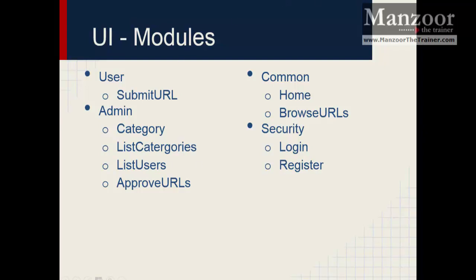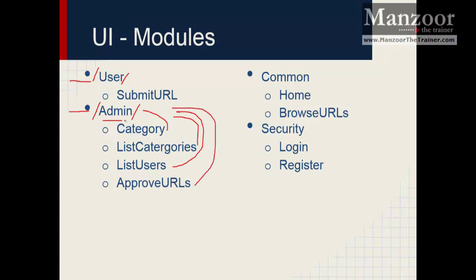Your URL will look something like this: your base URL slash user slash submit URL. That means this submit URL comes under the user module. So your base URL slash admin slash, now you can have category or list categories or list users or approve URLs, anything.